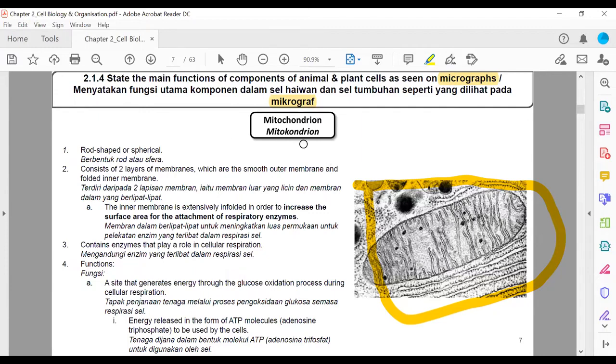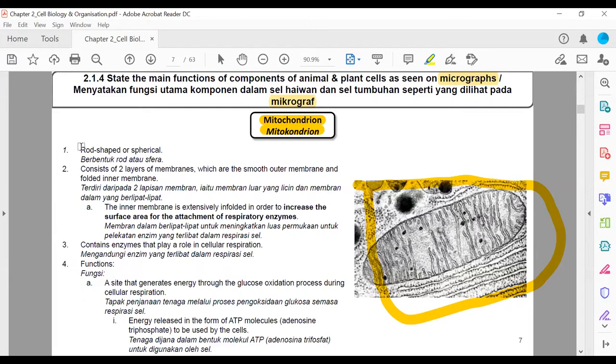Okay, now we are going to see how it looks like, bagaimana keadaan dia dan apakah fungsi setiap komponen ataupun organel yang ada dalam animal and plant cell. Baik, kita mula dengan mitochondrion terlebih dahulu. So we are going to see how mitochondrion looks like dan apa fungsi dia. Okay, baik.